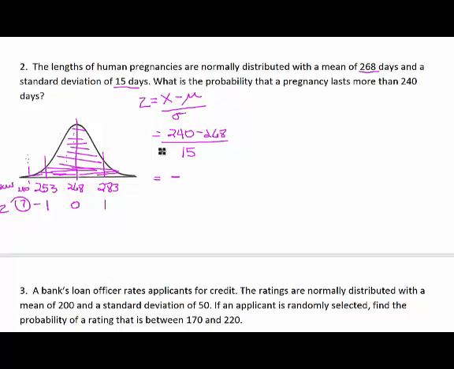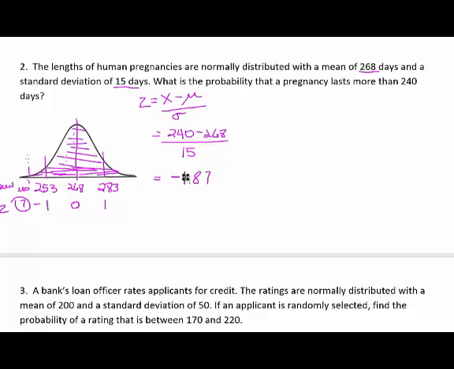So I got negative 1.87 when you round it. I already knew it was going to be below that first standard deviation, because 240 is below that first standard deviation. It's actually in between the first standard deviation on the left and the second one.